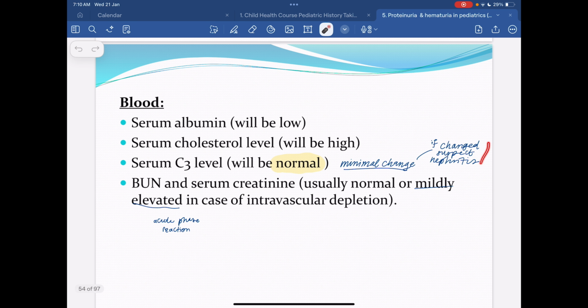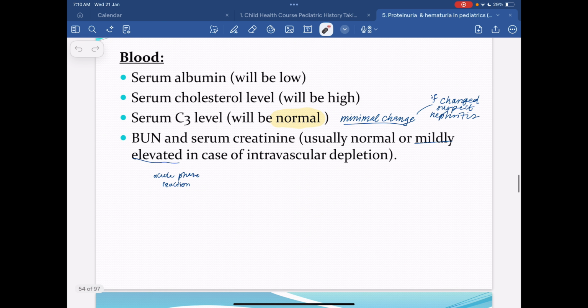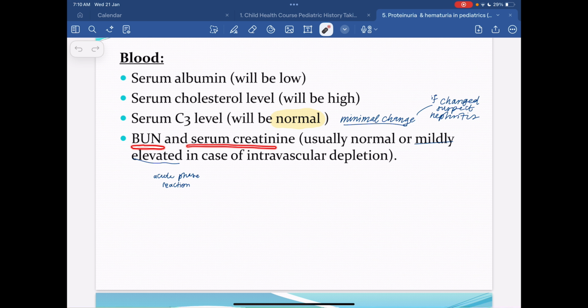If it's changed, suspect nephritis. BUN and serum creatinine are usually normal or mildly elevated in case of intravascular depletion. They may be mildly elevated as an acute phase reaction. So the most important thing here is to know serum albumin and serum cholesterol.